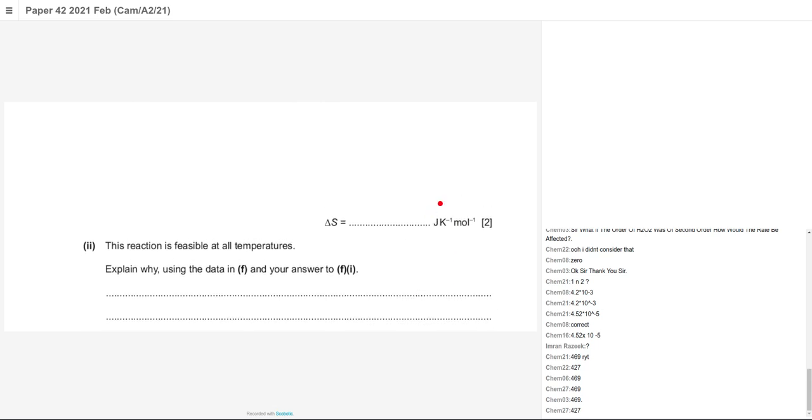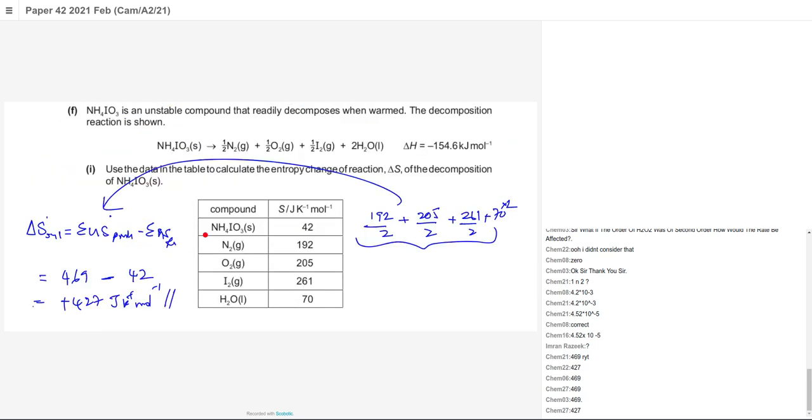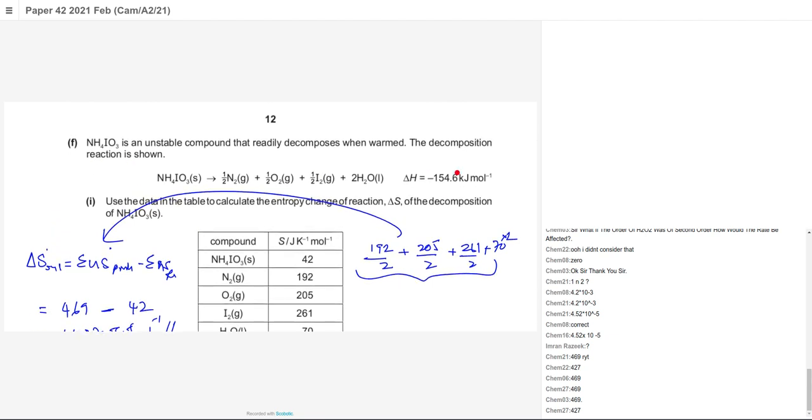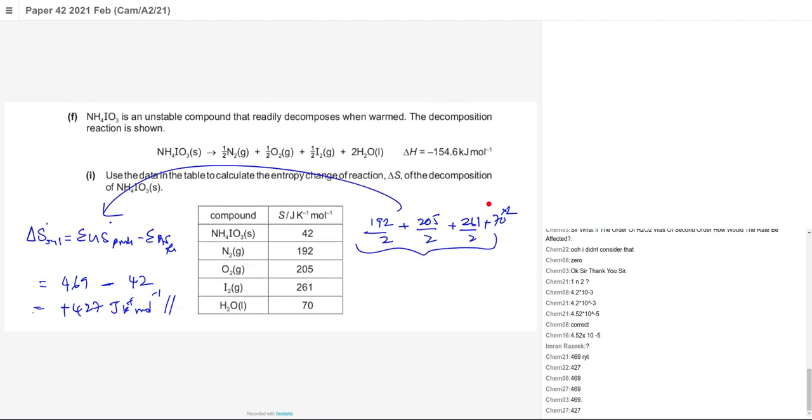This reaction is feasible at all temperatures. Explain why using the data of F and your answer to F1. Using this data, you can show this in two ways. One is that you can say, because this is exothermic, the surrounding entropy is positive. Because negative becomes positive. As the reaction is exothermic, surrounding entropy is positive. System is also positive, right? When both system and surrounding are positive, total entropy is positive.